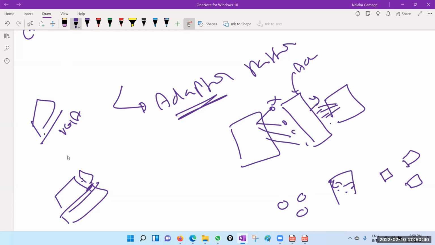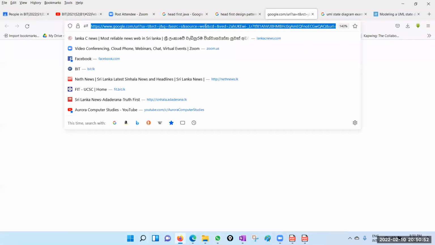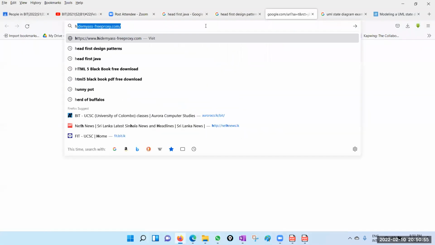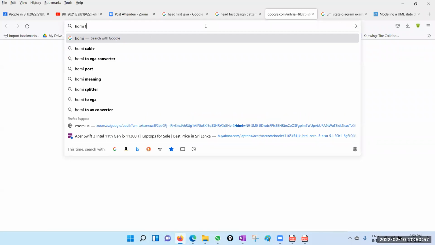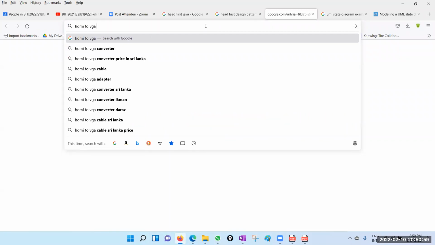Then you just plug it in and you are done. Though you have only HDMI, now you can send it to your projector. You may have seen these, right? HDMI to VGA adapter cables.